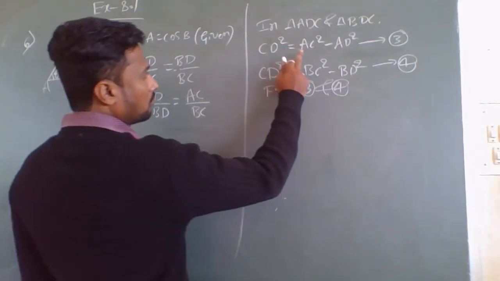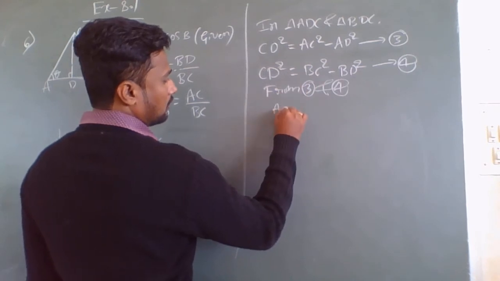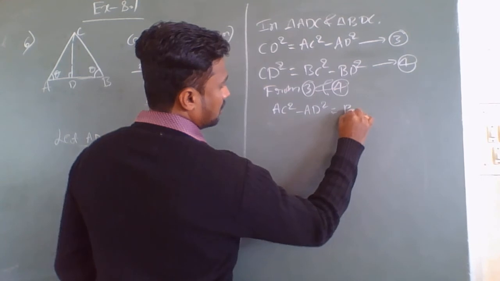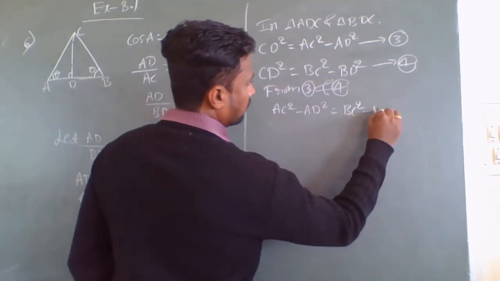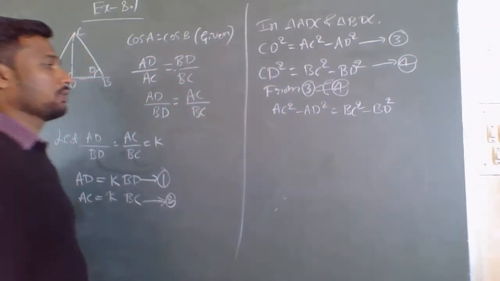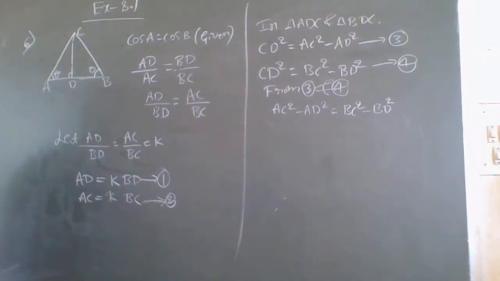So what we got to know: AC square minus AD square equals BC square minus BD square, because these two are equal to CD square only. Now again, we know that AC equals K into BC, from 2.